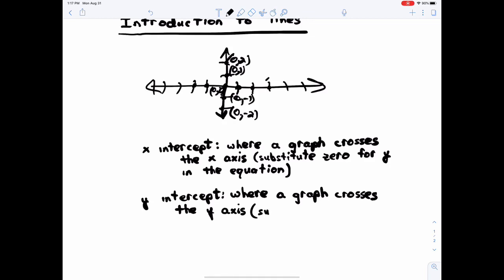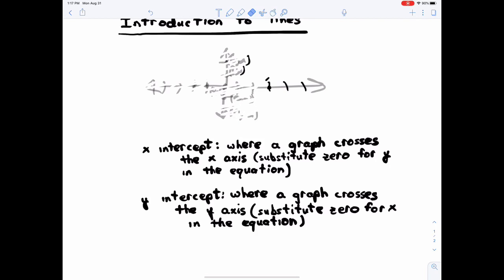You substitute zero for the x variable in the equation. Okay? All right, I'm going to get rid of this picture because, again, this wasn't even a line or anything. I just kind of wanted to give you an idea.